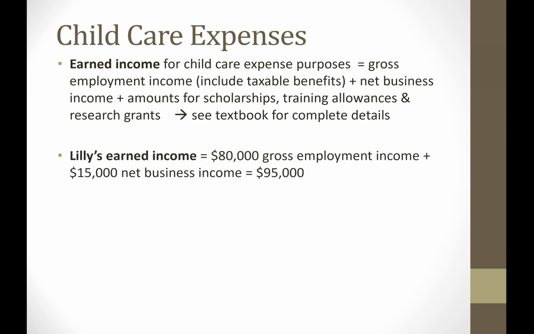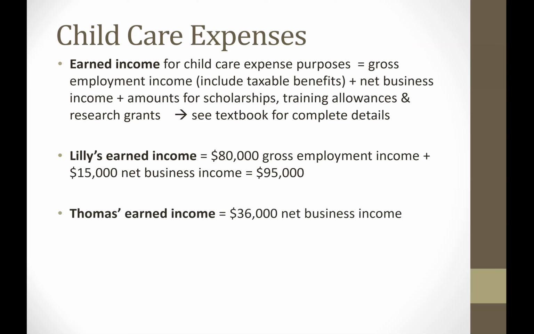So let's start with Lilly. Lilly's earned income is her gross employment income, $80,000. Remember, it's not net employment income, it's her gross employment income. And we add any taxable benefits. Now in the question, she did not receive any taxable benefits. There were no stock options, for example. So it's the $80,000. And then we add her net business income of $15,000. So her earned income is $95,000. What about Thomas?